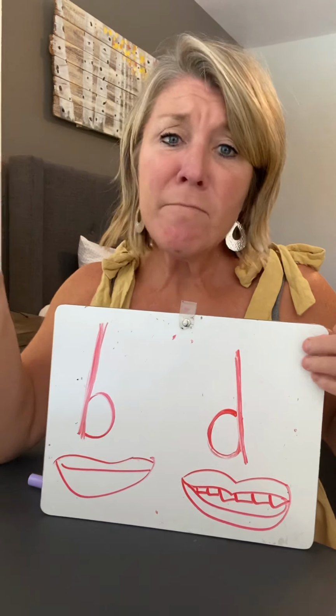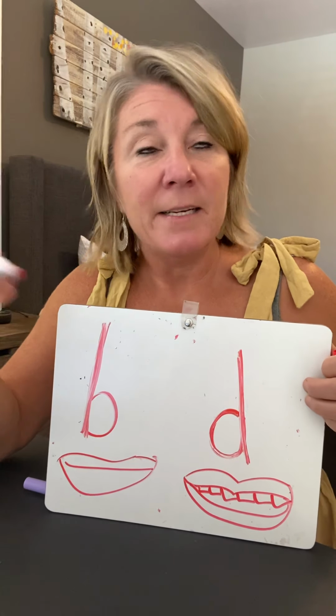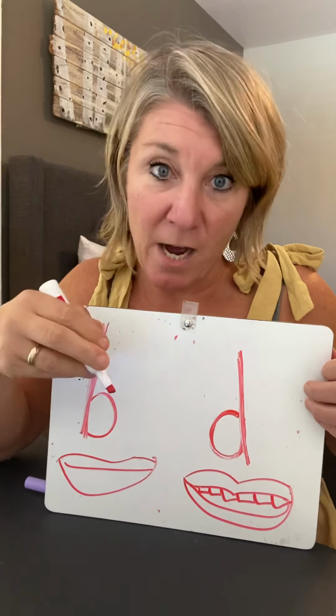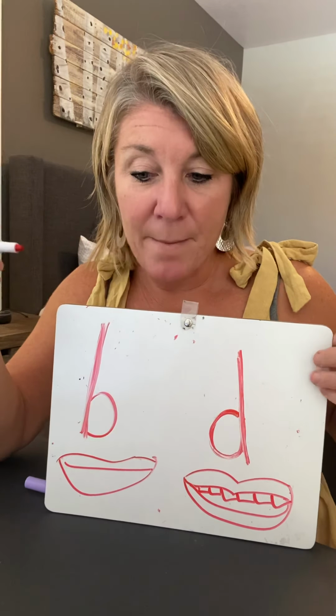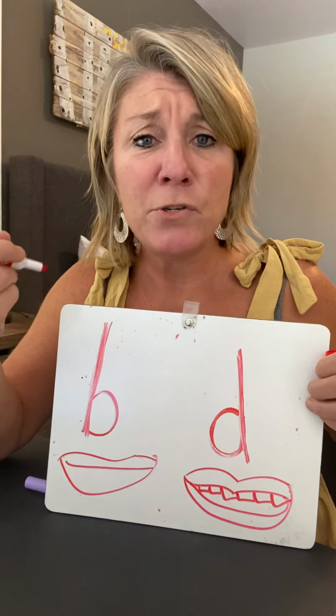D. This can help kids when they're reading, because if they say bog for dog when they're reading a story, and you correct them, you say, okay, if you were writing that word, what is the first stroke of a letter B?